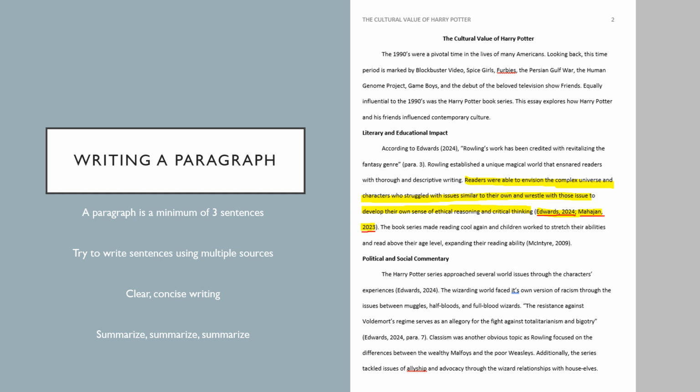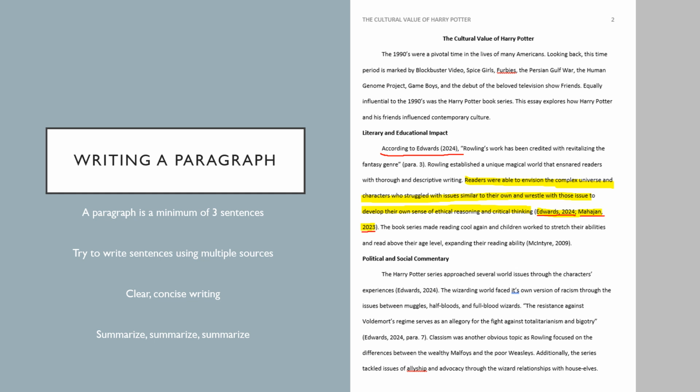But as you read through this, the goal is not to expand all and use all the words. Instead, with APA, it's really about concise statements, short and sweet, all right? So here's an example right here. I could have written, according to Edwards, who is an author of this article from Rolling Stones, 2024.